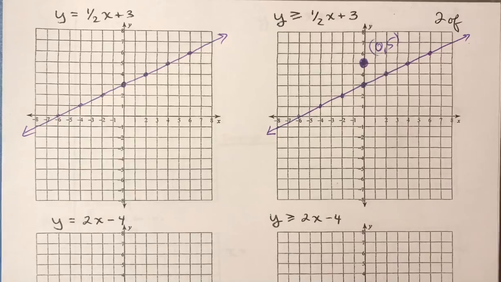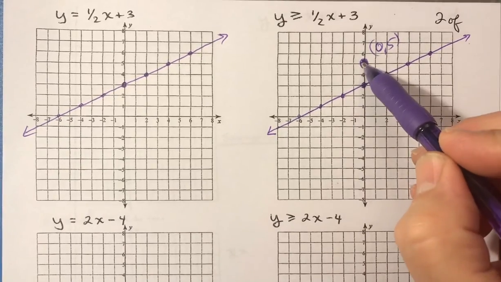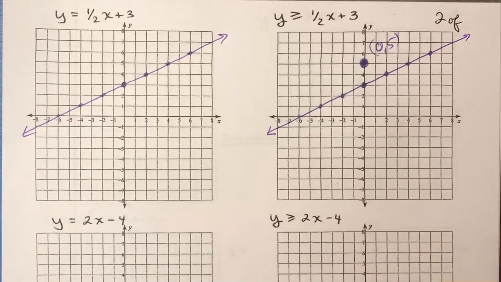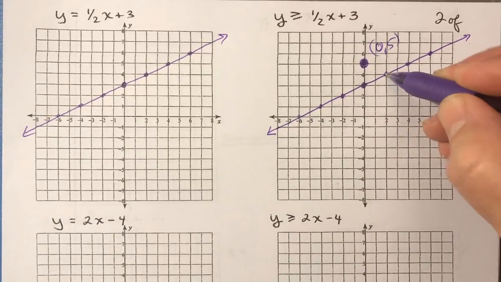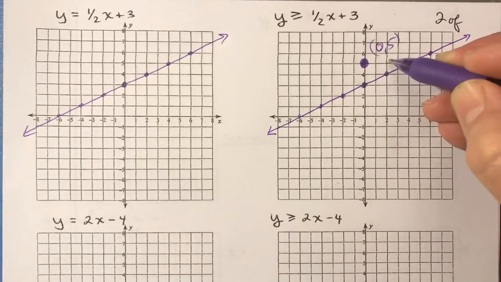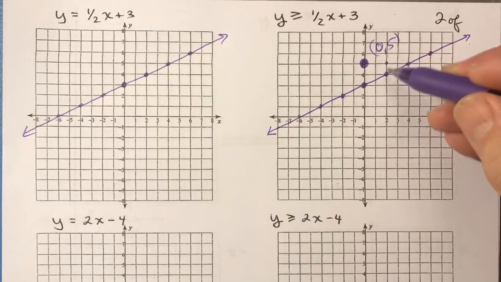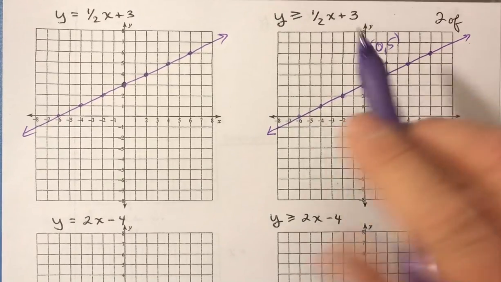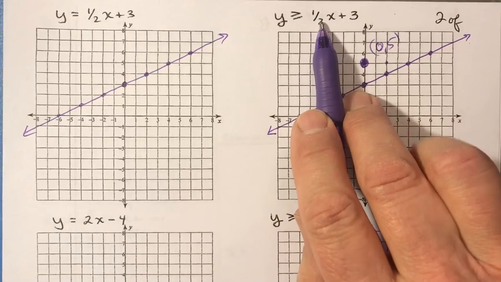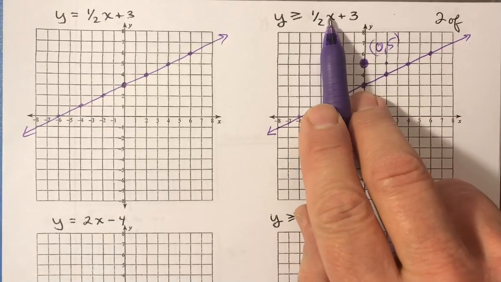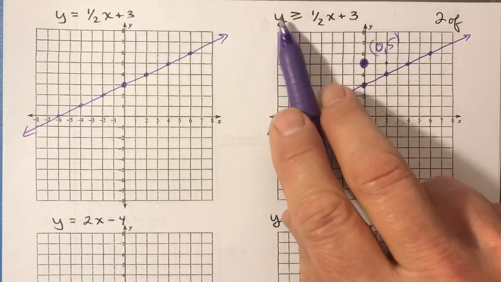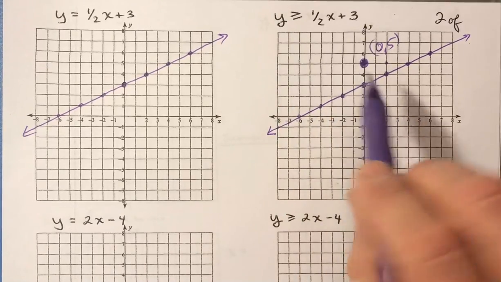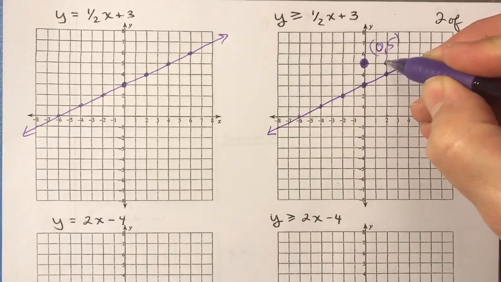So I should include that point as a possible solution to this inequality. How about, let's take (2, 5). Now, if I take 2 and plug it in here, half of 2 is 1, plus 3 gives you 4, and 5 is greater than 4. So this point should also be included.